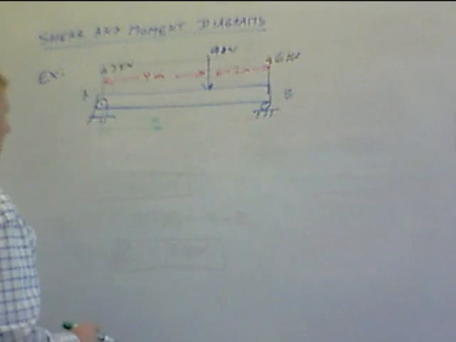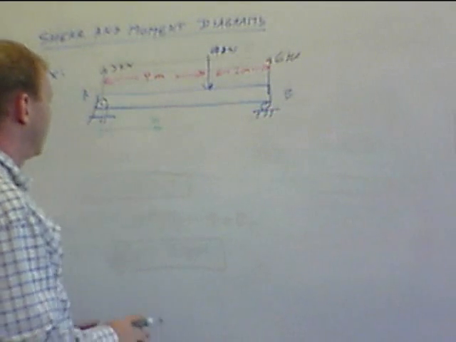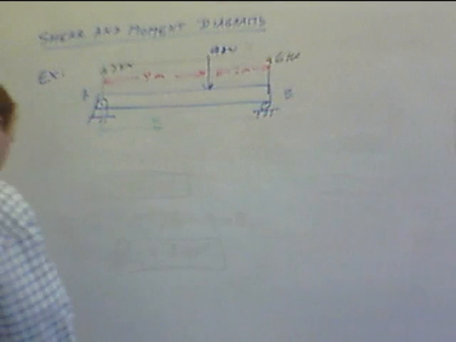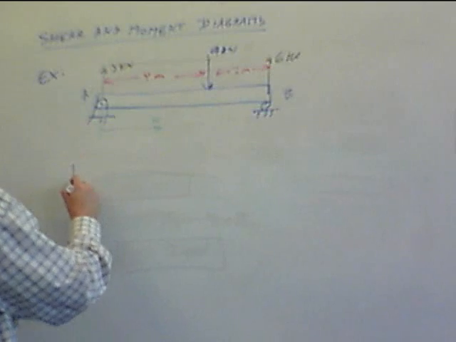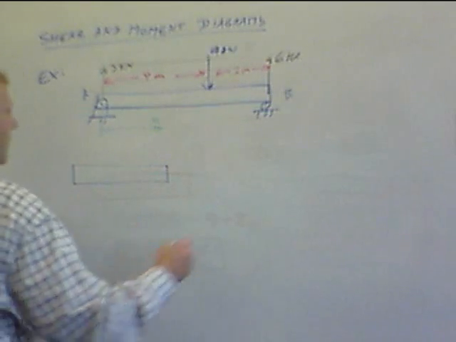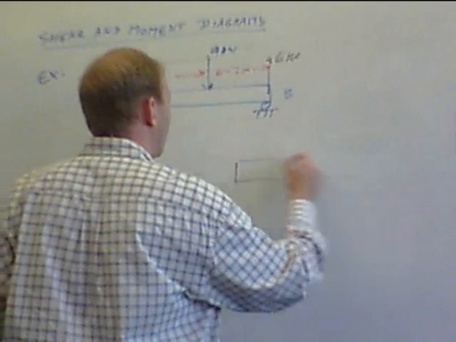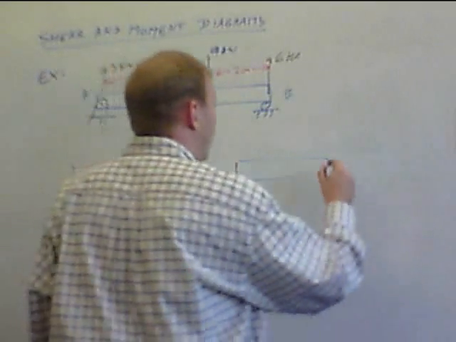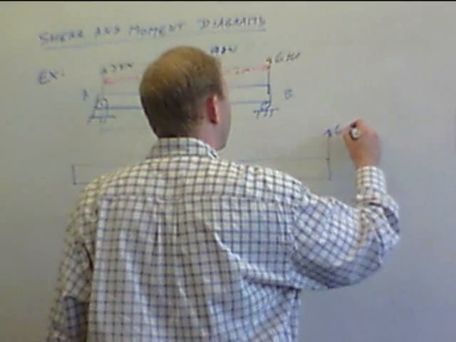So what I'm going to do here is I'm going to start looking at where I cut this piece. So I cut here, and I have the other half. All right. I'm going to have a 6 kilonewton force over here.